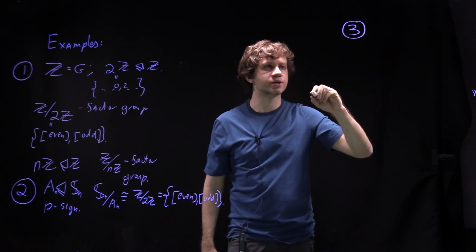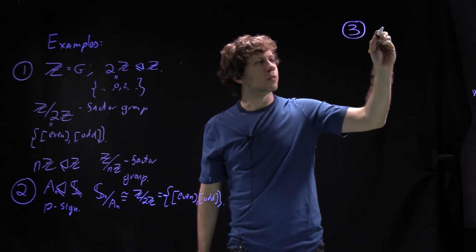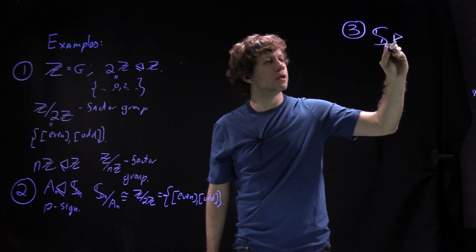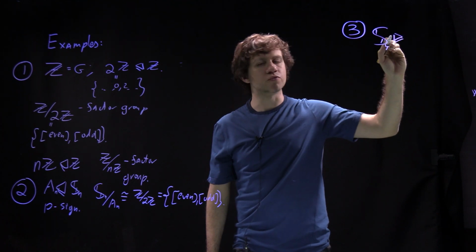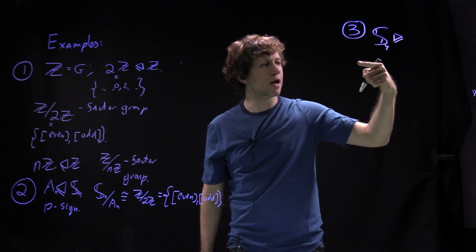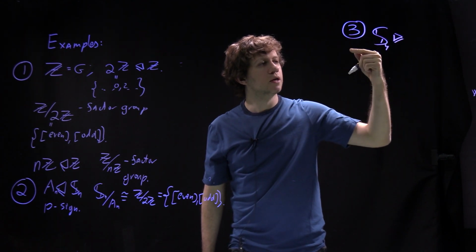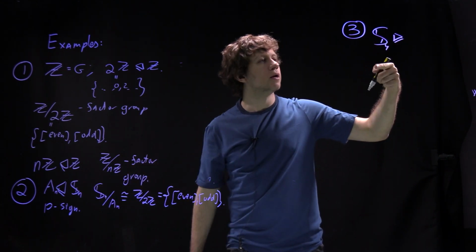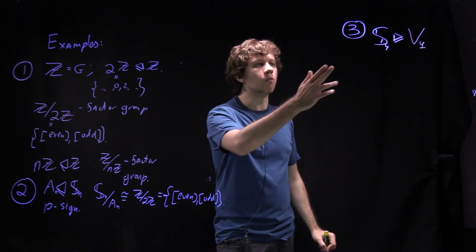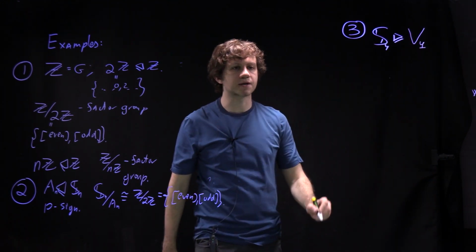So let's recall this S4 example. So we had S4, and as we discussed, S4 has just four normal subgroups: identity, the whole group, A4, and finally this Klein's group, V4. And the question is, what is the factor group?